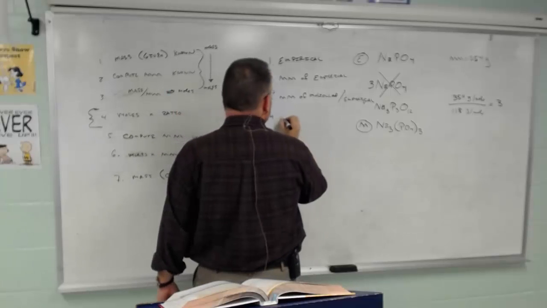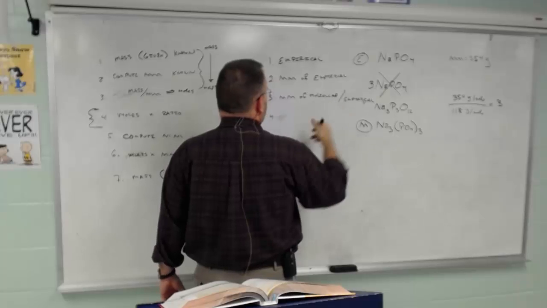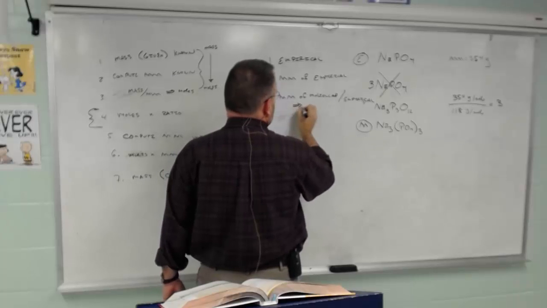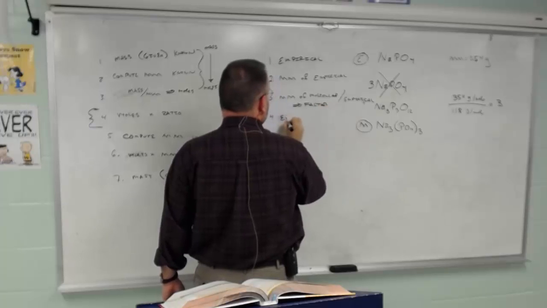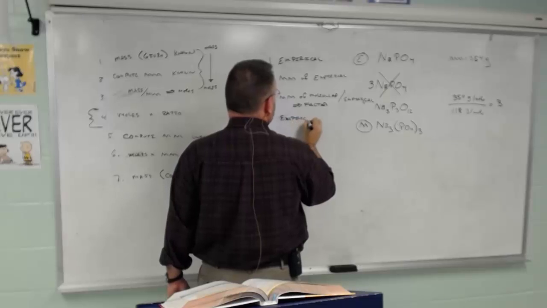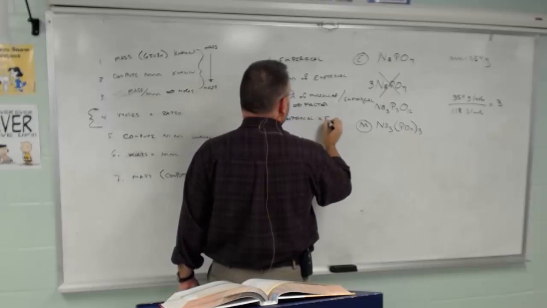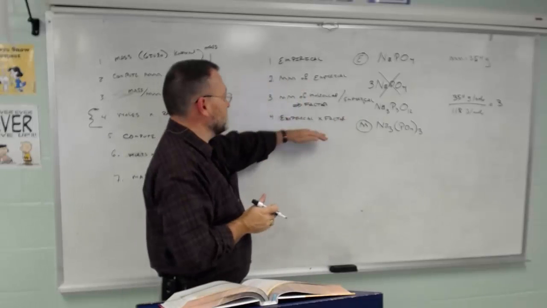And then we're going to multiply. We'll say that produces a factor. And then the empirical times the factor. Okay? When I say empirical times the factor, that's why I nuanced here.